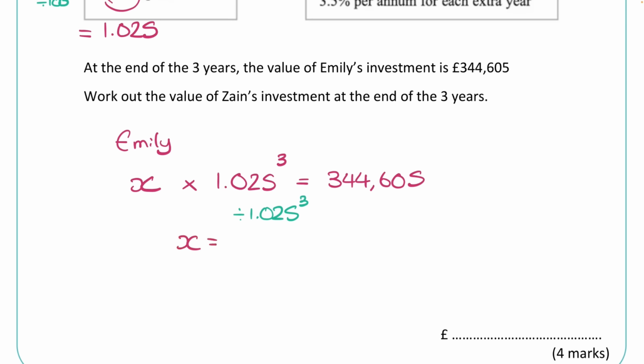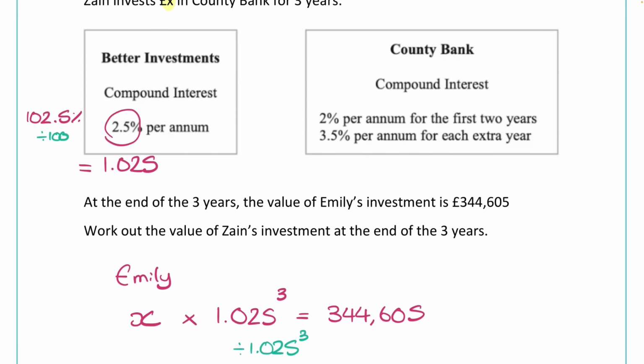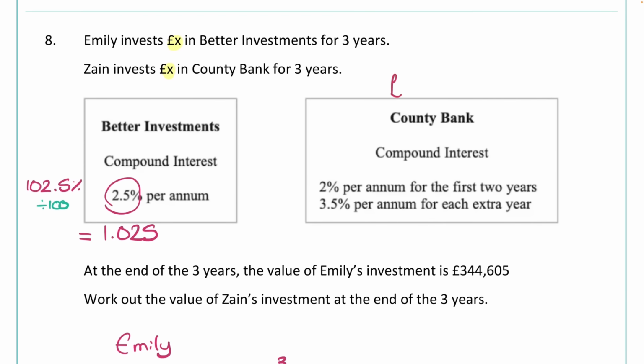So X will be equal to, we'll type it in on the calculator, 344,605 divided by 1.025 cubed. And that gives us 320,000. Now that means Zane actually invested 320,000 into this County Bank.